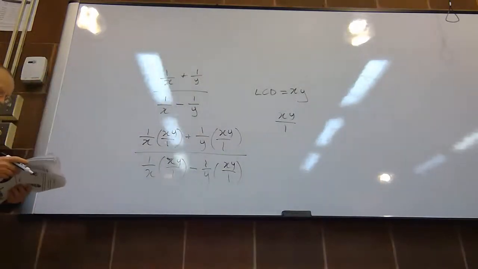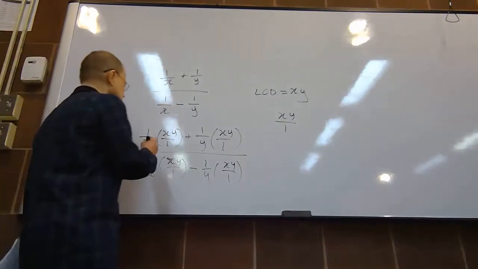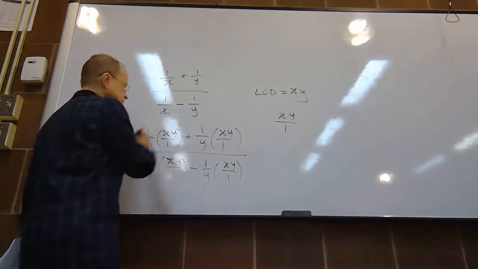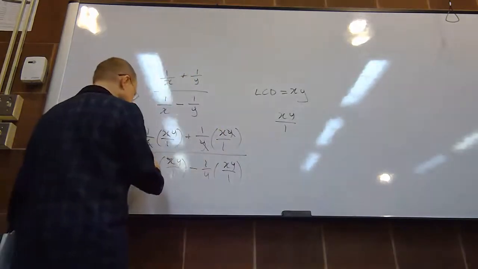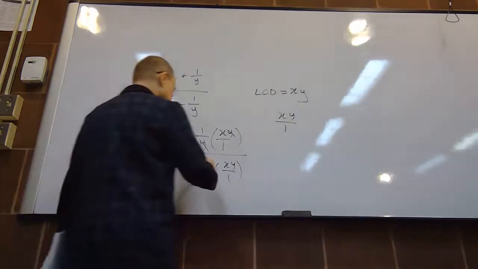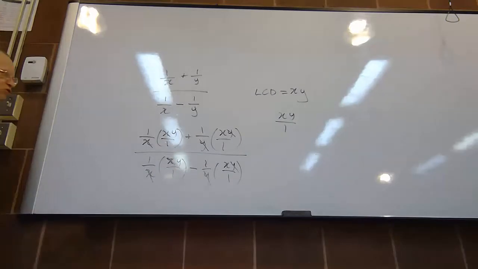So now we want to proceed forward just like we did. So we're going to cancel out the x's here. We'll cancel out the y here. We'll cancel out the x here. We'll cancel out the y here. So we've simplified it as much as we could.